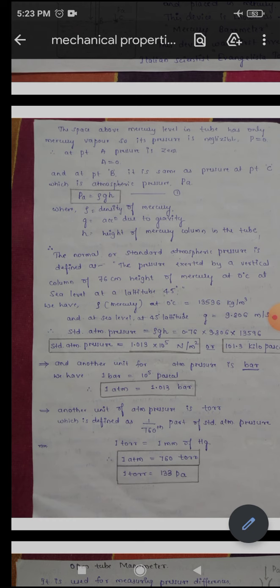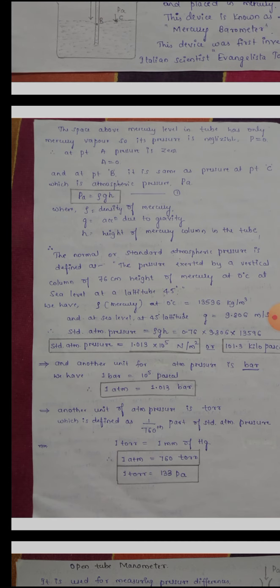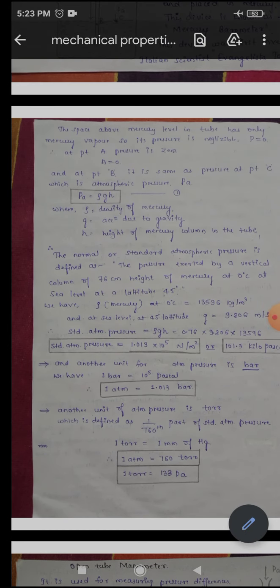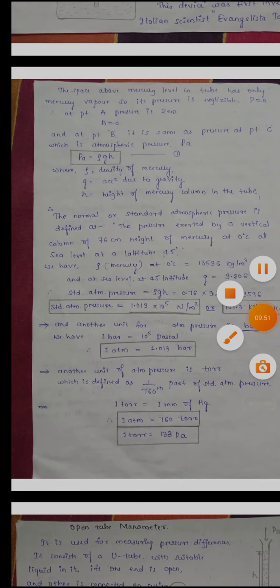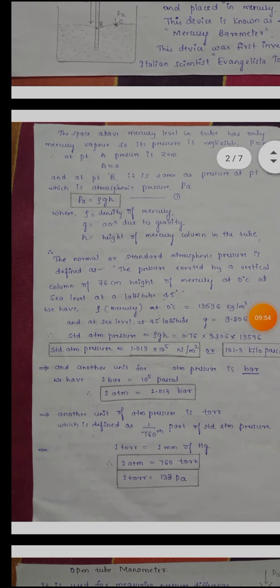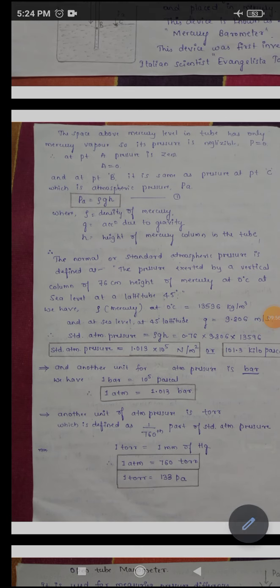But this atmospheric pressure has certain units, not only the Newton per meter square or Pascal, it also has some other units. Another unit for the atmospheric pressure is bar. That is, 1 bar is equal to 10 raised to 5 pascals. Here in this equation we have 1.013 into 10 raised to 5 pascals.